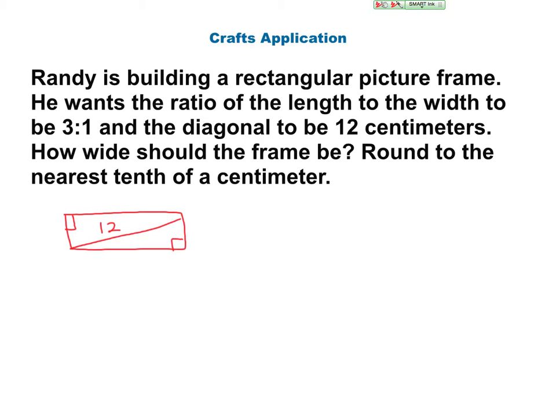We want the length to be 3 times the width. Okay, so width would be x, length would be 3x, and we would do the Pythagorean theorem to find our missing side. Yep, go ahead. Let's see if you do your algebra right. Today's kind of more of an algebra day.